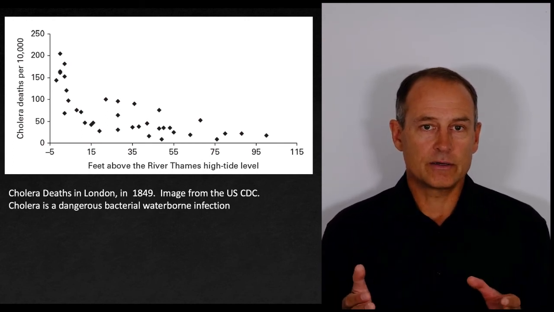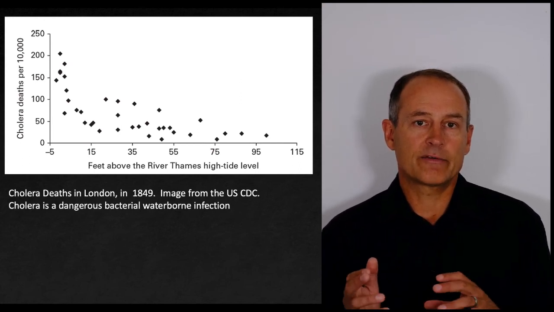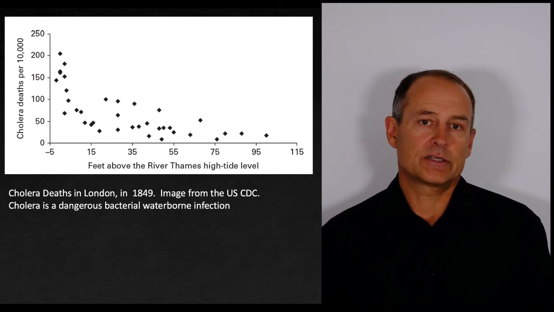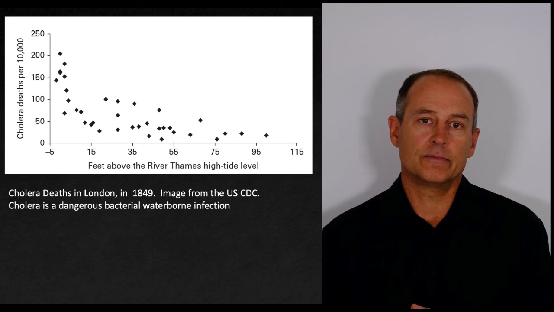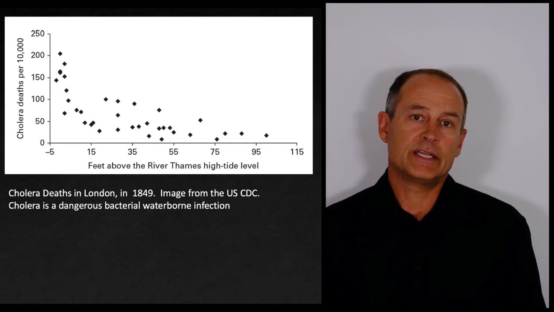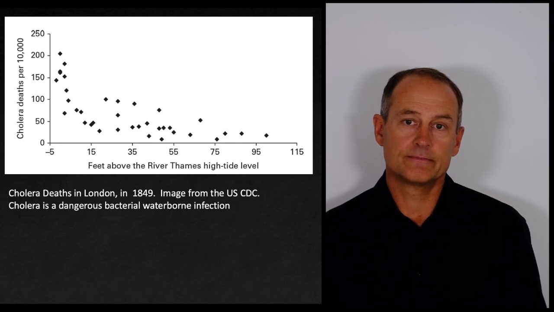To really know, we need to do more work, but this type of data provides a roadmap for where to go. It turns out that cholera is a really dangerous bacterial waterborne infection that continues to be a major issue around the world, especially where human or animal waste come into contact with drinking water. This example from 1849 is still something that's important today for a range of environmental diseases and pollutants.